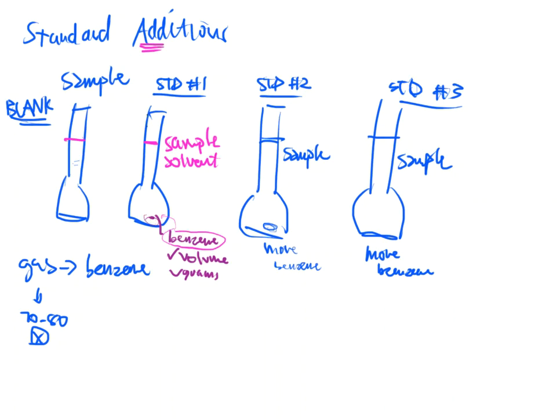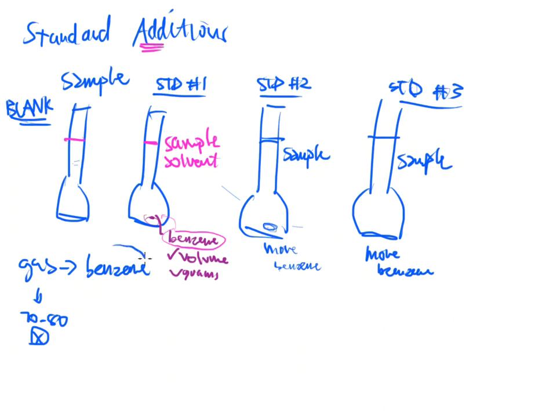And then I will dilute up to the line with the sample that was brought into the lab. The second standard is made by adding even more benzene, diluting using the sample. The third standard is adding more benzene and diluting using the sample. That's what we've done.